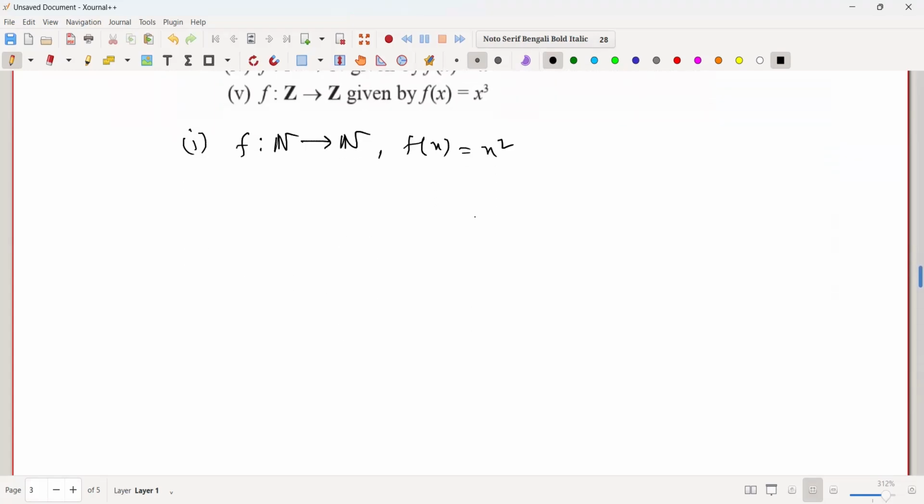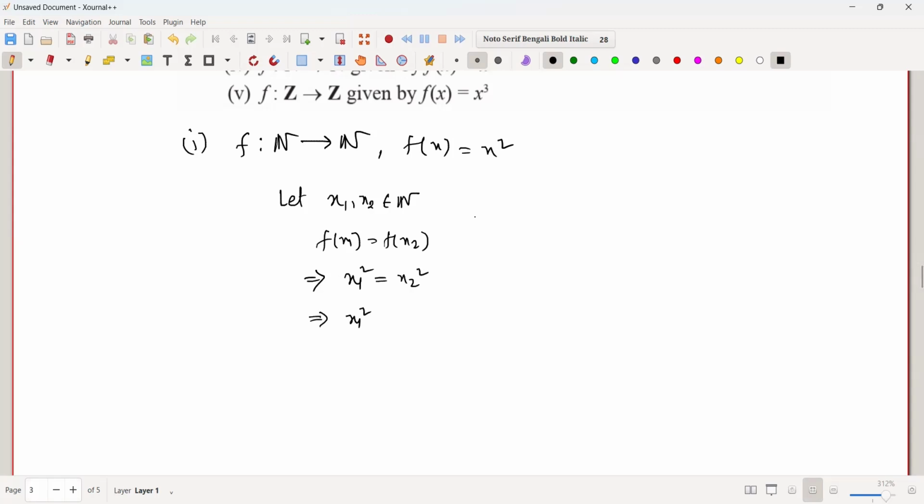So let x1, x2 belong to natural numbers N. f(x1) equals f(x2). This implies x1 whole square equals x2 whole square.